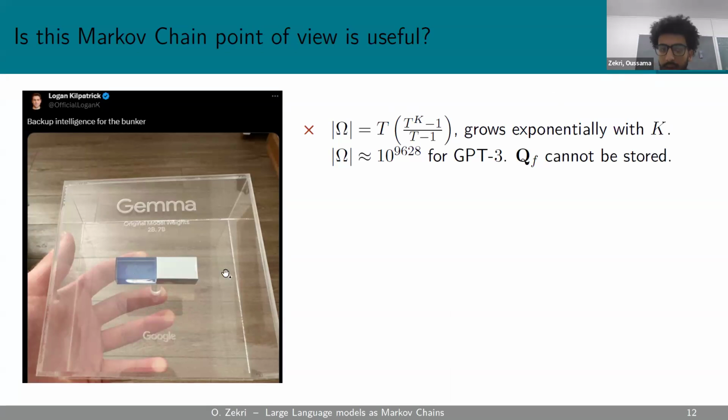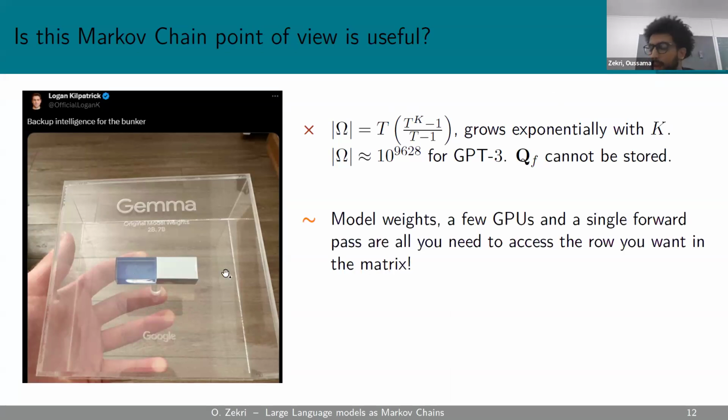But if you have your model weights and a few GPUs, you can access any row of this matrix with just a forward pass, by just prompting the row you want, basically. And this kind of thing, you can put on a USB key in your pocket. So this is possible by just having the model weights in some storage like this. But you will never be able to plot this matrix.